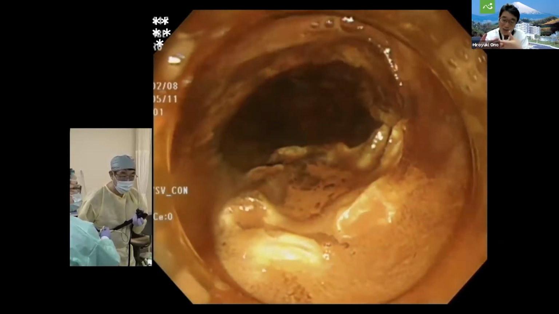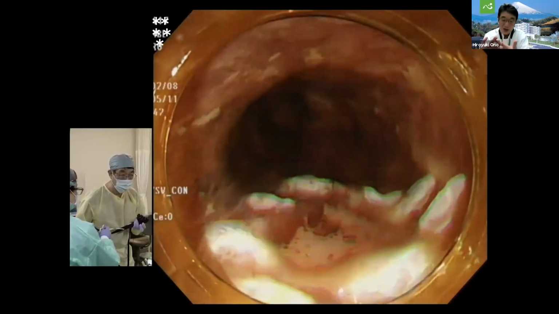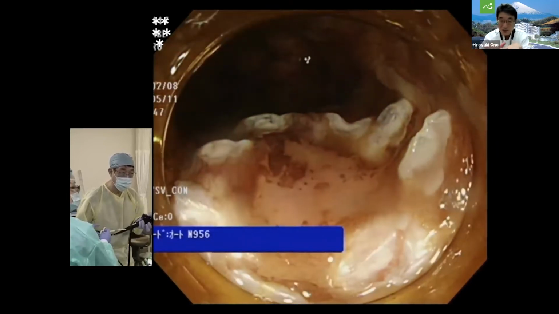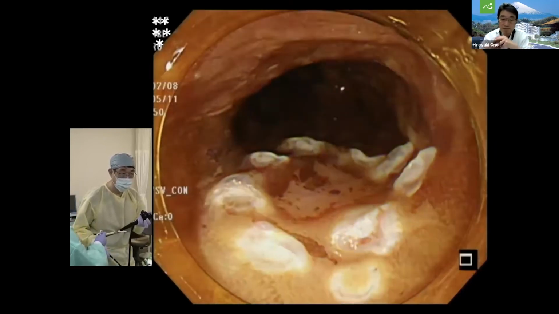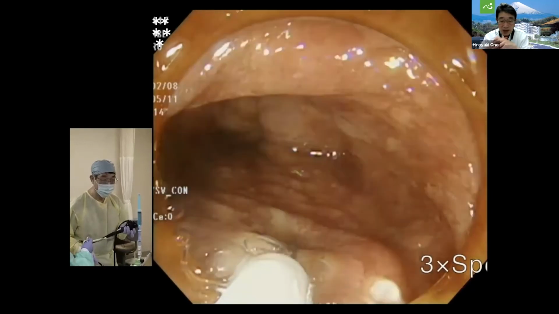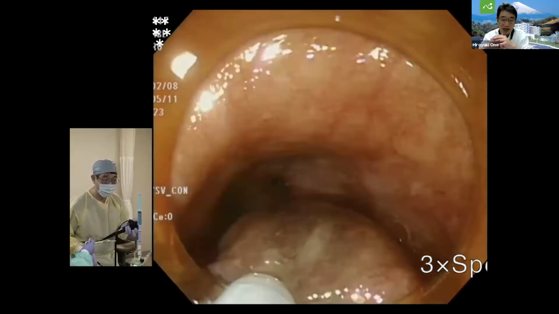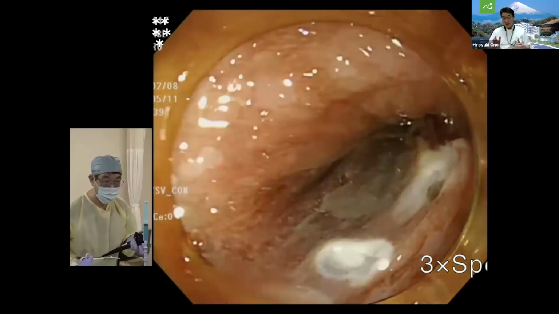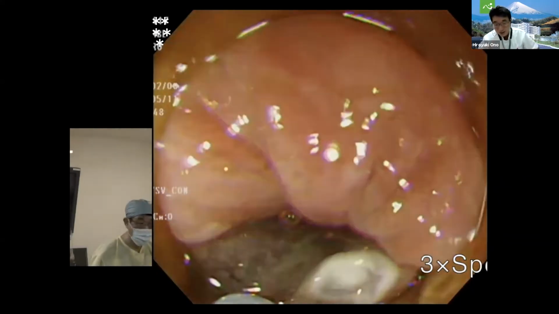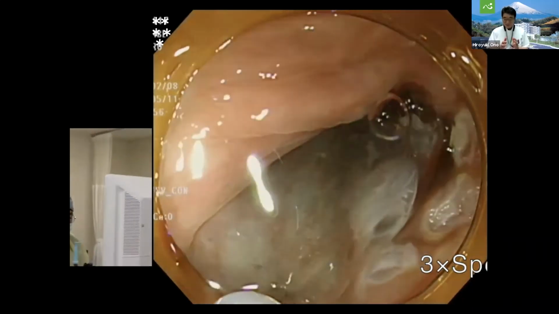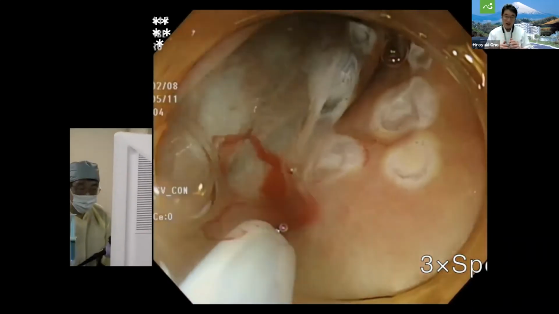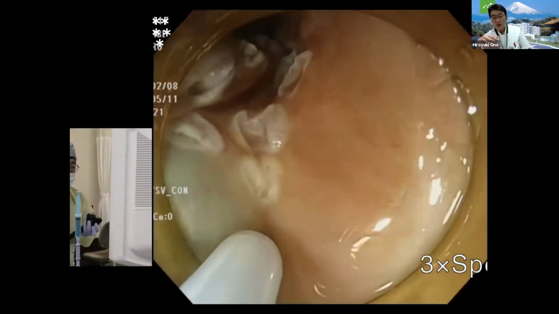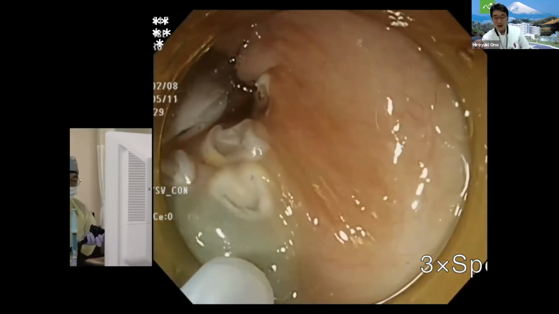So in the proximal area, maybe fibrosis exists. You can see a little bit of the pink color sign here. Yes. And I inject the sodium alginate solution. This is a 3 times speed video, and this video is edited minimally, so you can see almost all of the procedure of this ESD.